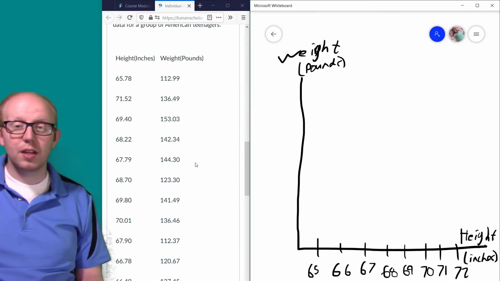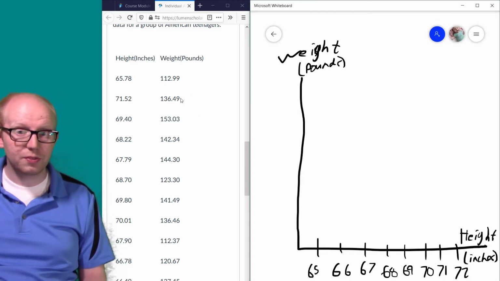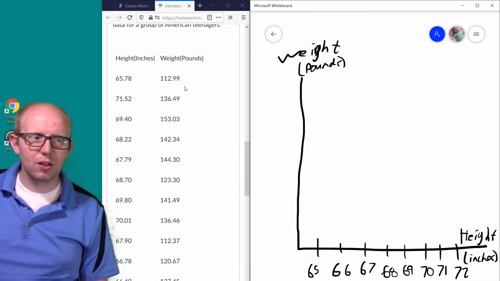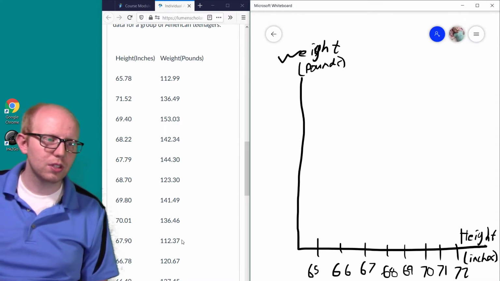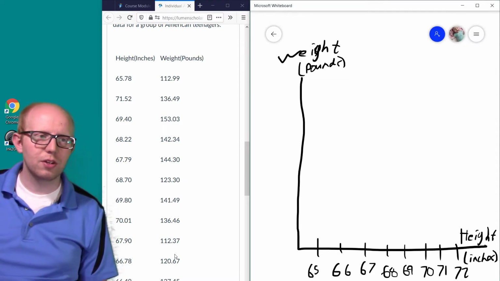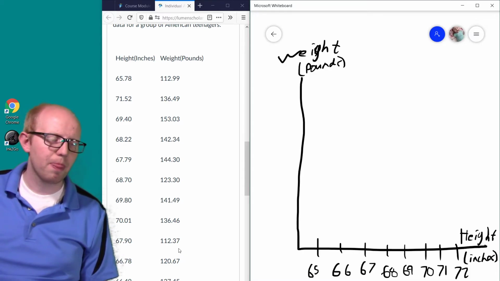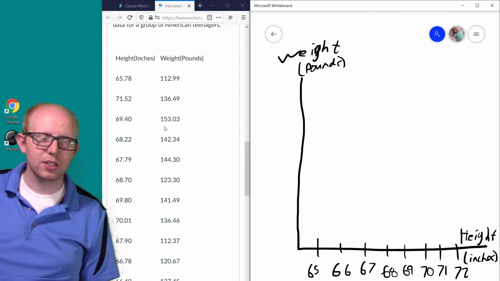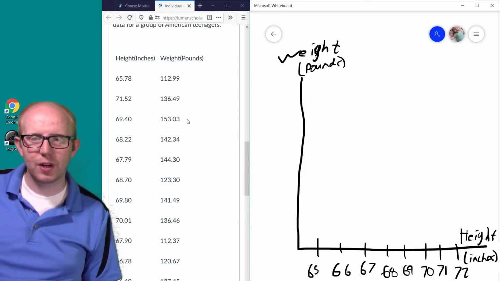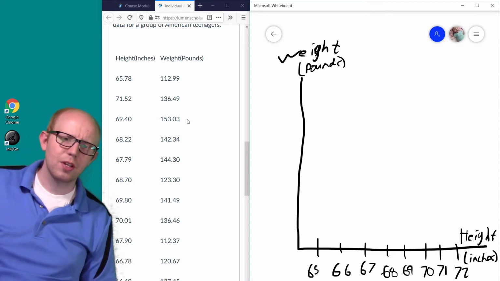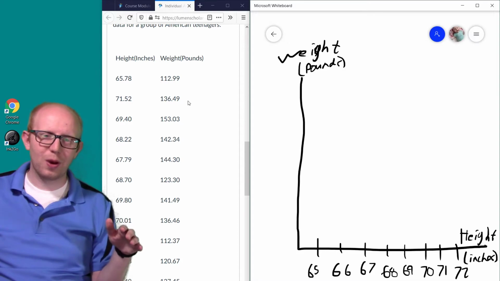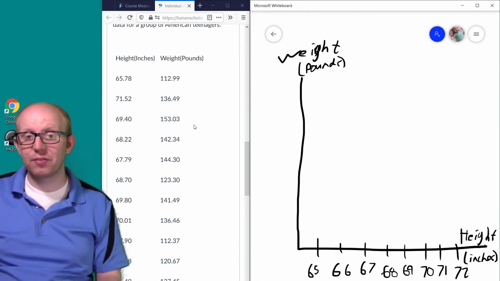Now we need to do the same thing for weight. What's our lowest value? What's our highest value? If we're looking at the weight, our lowest value is this 112.37, and our highest value I think is this 153 right here. So we need to go from about 110 to about 155.